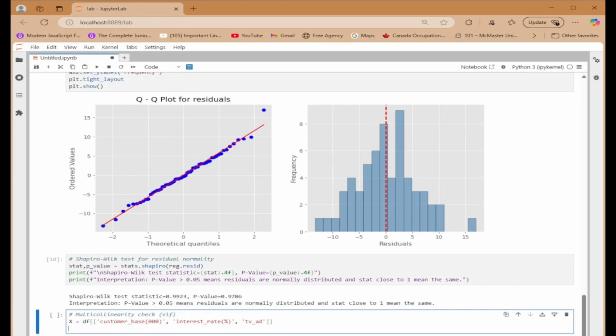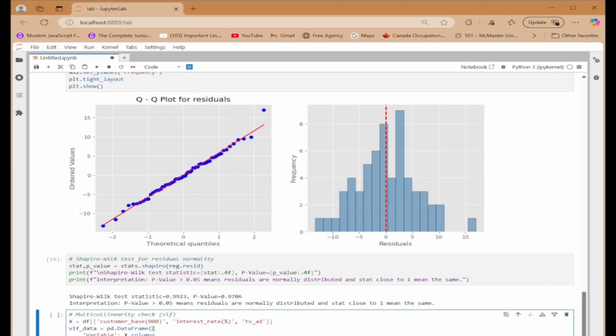Okay, and VIF data equals pd.DataFrame. We're going to define inside here variable is x.columns, comma, VIF value.